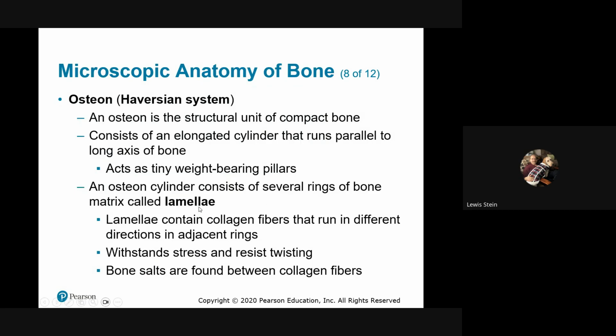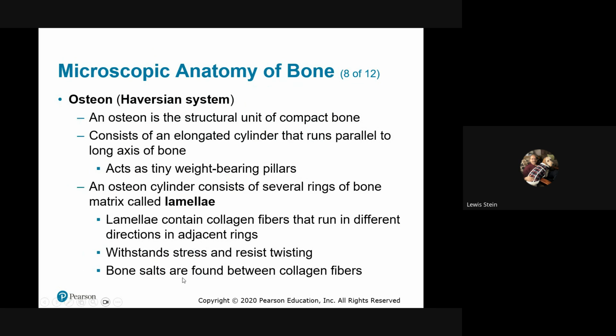Rings of bone, and those rings are effectively layers of bone. They contain collagen fibers, you're going to see this in a second, that go in different directions. Because of this, they have the capacity to resist not just being pressed on, but being twisted from side to side, stress and twisting.